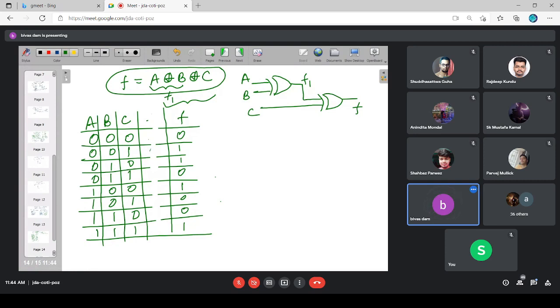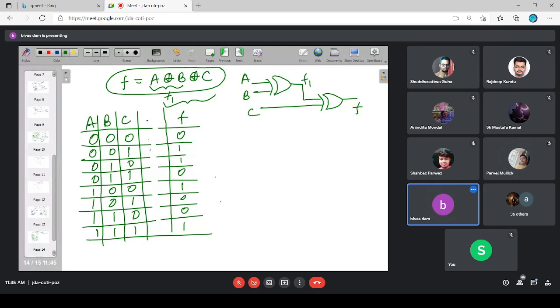Okay. In fact, if you go for a 4-input variable XOR function, you can readily establish this. Do I need to do that? No, sir.